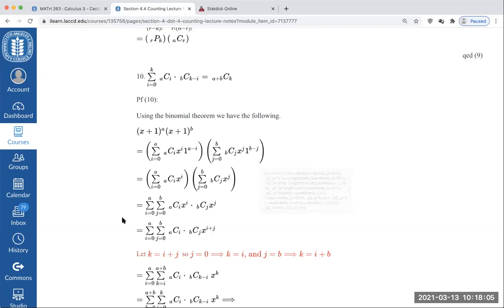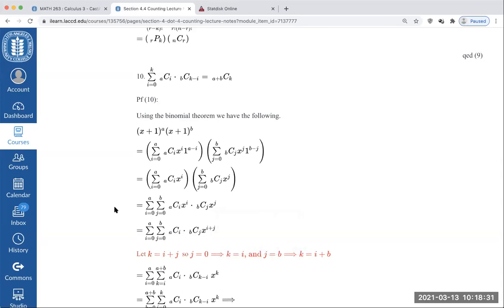So this is equal to the sum i equaling 0 to a, the sum j equaling 0 to b of aCi x to the i times bCj x to the j, which is aCi times bCj times x to the i times x to the j.